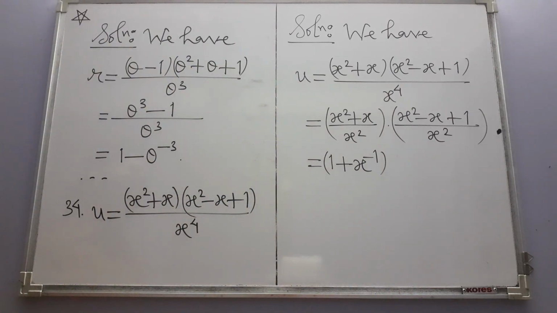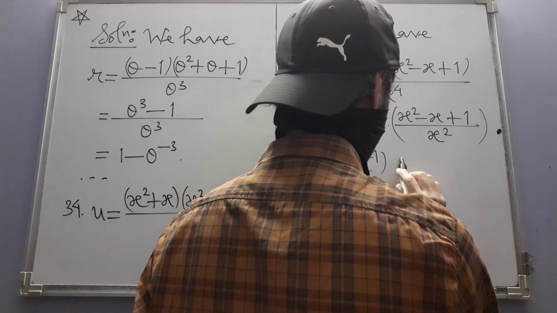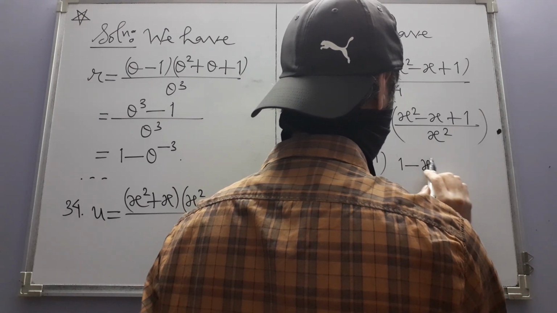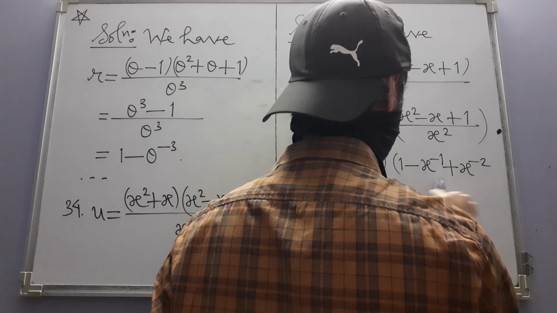So that you have this, and then after you do the division you get 1 minus x to the power minus 1 plus x to the power minus 2.